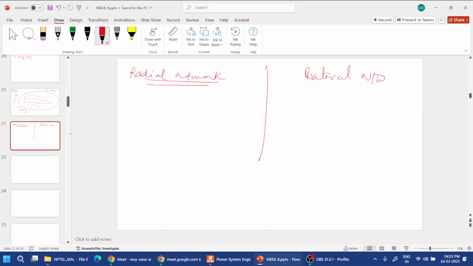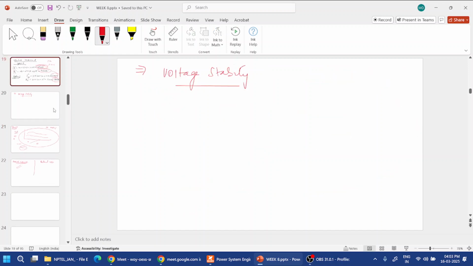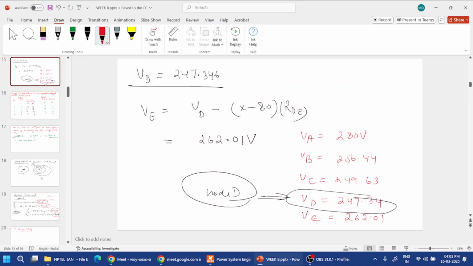If someone asks me which of these two networks will have a better voltage profile, I would clearly say the radial network will have a better voltage profile, as you can see in the question just above. Here, this is the source node.